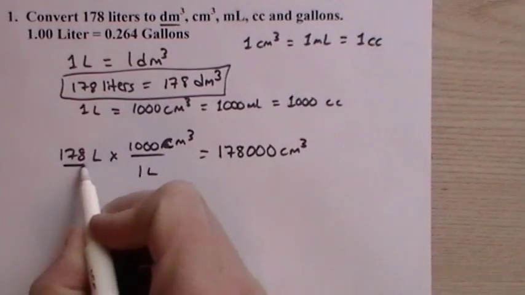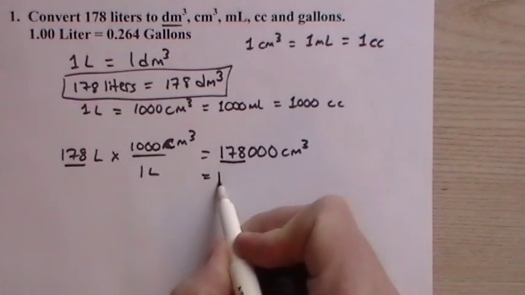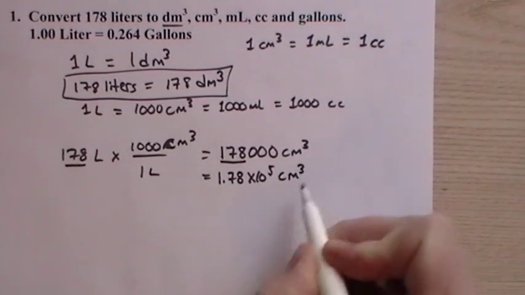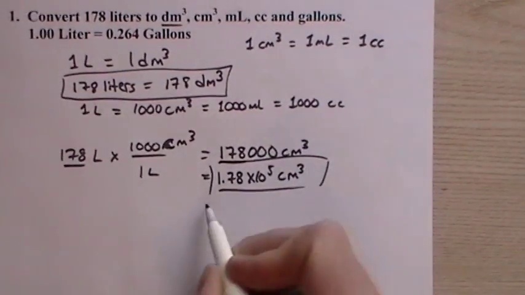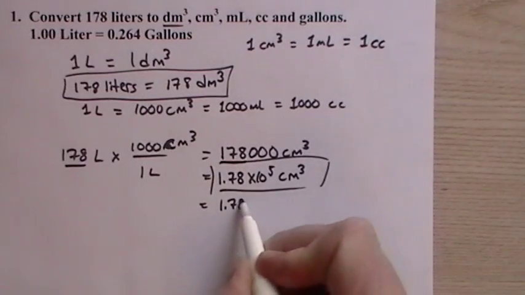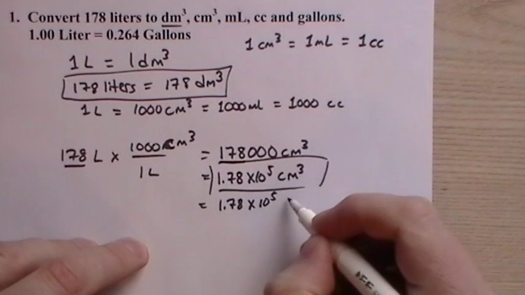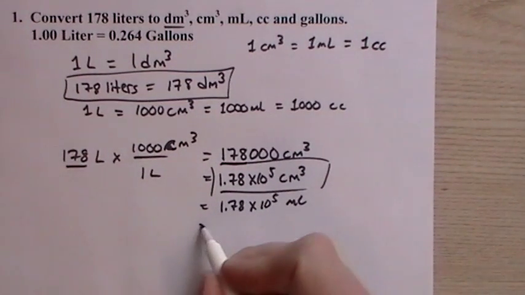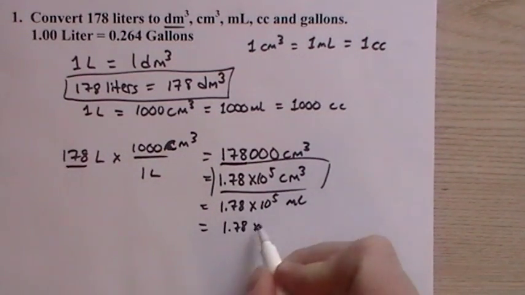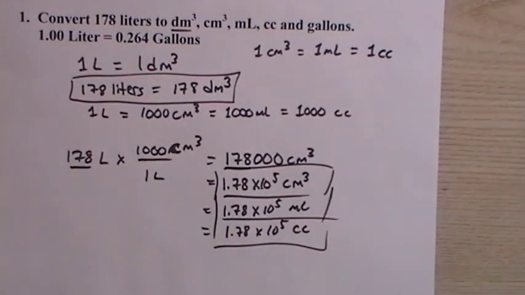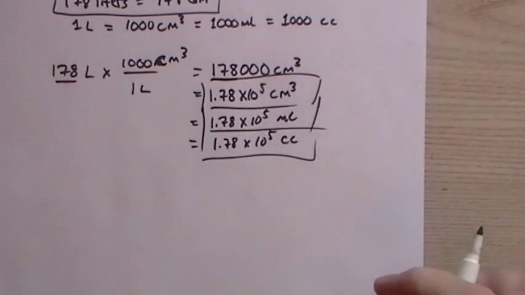Since we had only 3 significant figures to start with, we should end with 3, so we have to put it into scientific notation. So that's also 178 liters is 1.78 times 10 to the 5th mils, and then 1.78 times 10 to the 5th cc's, just to cover all of the possibilities.